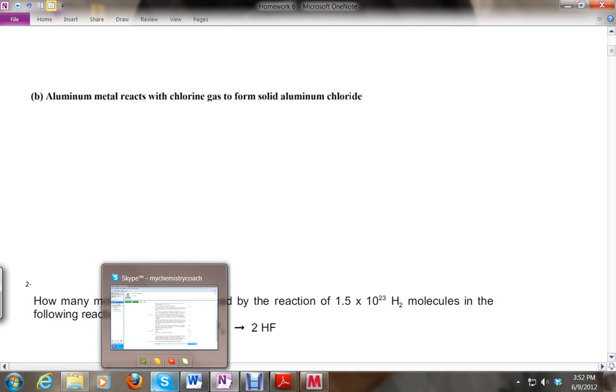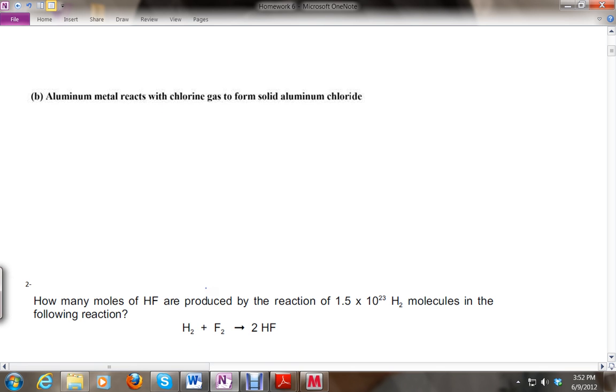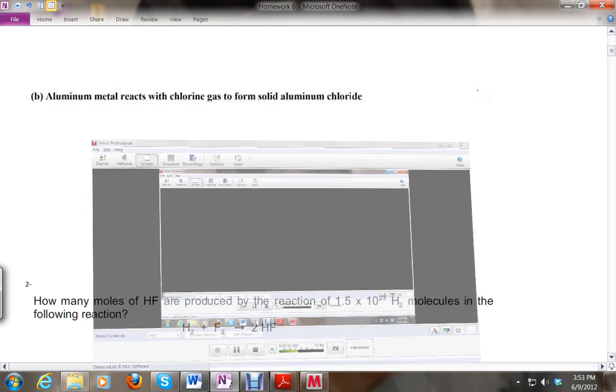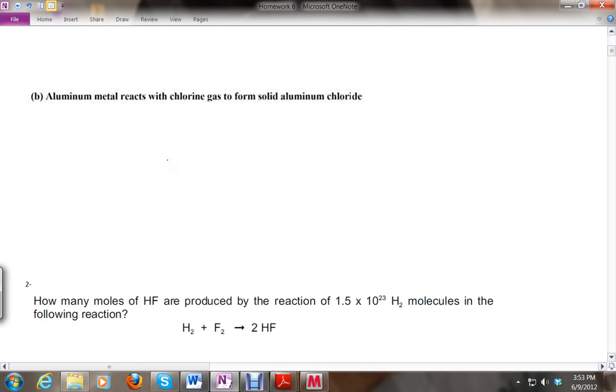To be able to write the reactants and products, we need to understand the charges. You need to know how to write the name of a compound and the charges. So aluminum metal, which doesn't have a charge, is by itself and it's solid, and it reacts with chlorine gas.